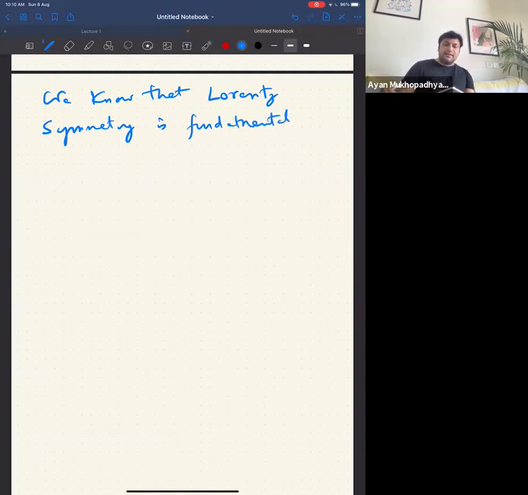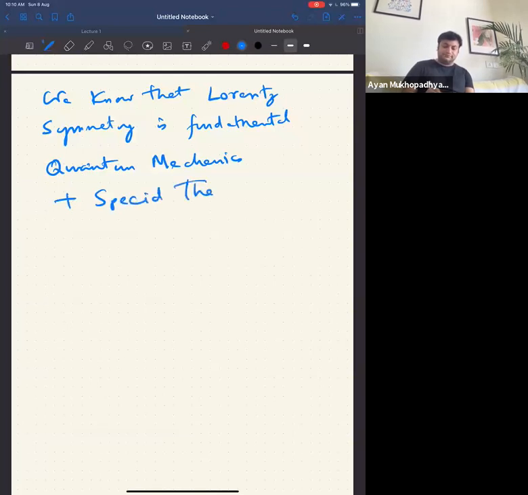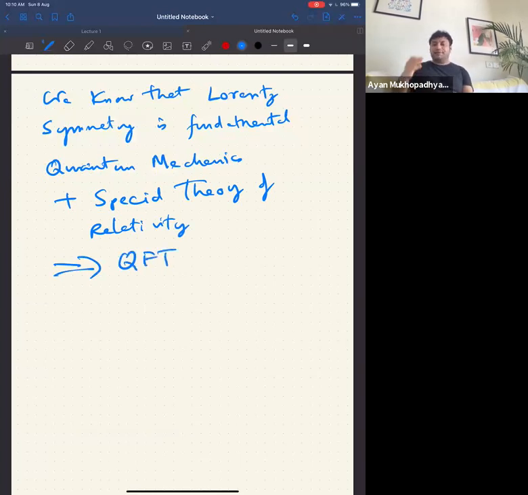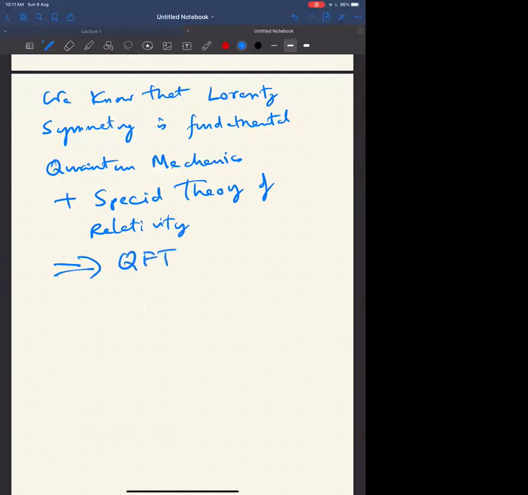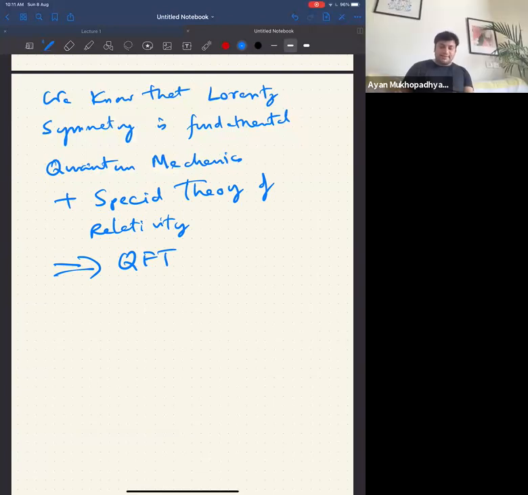So basically what I'm trying to tell you is, if you want to put quantum mechanics plus special theory of relativity together, then inevitably you should have a quantum field theory framework where the algebra of observables should take a bigger point of view, right? And the reason I can simply explain by a nice picture.